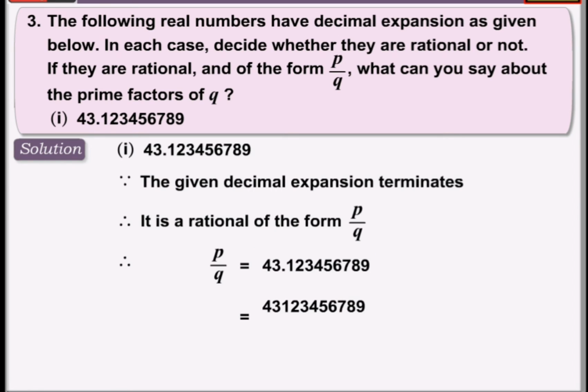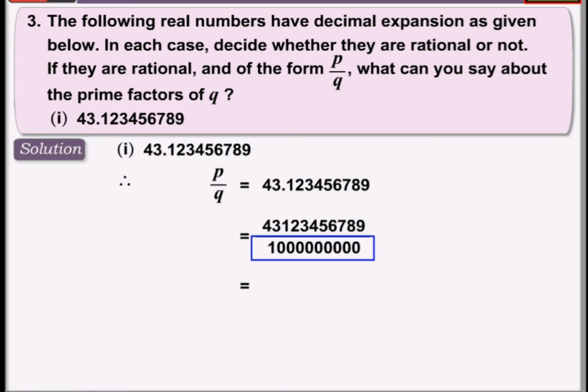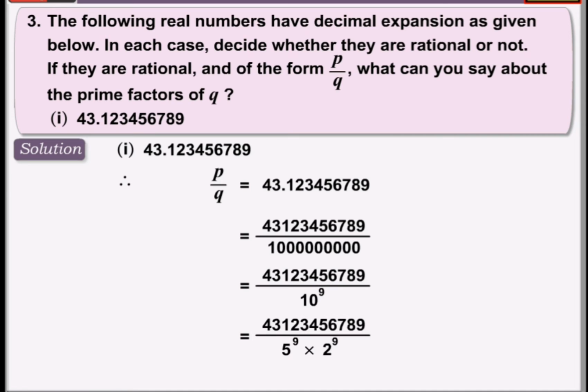So it is equal to 4312345678 upon 100000000, which is equal to 4312345678 upon 10 raised to power 9, which is further equal to 4312345678 upon 5 raised to power 9 into 2 raised to power 9.